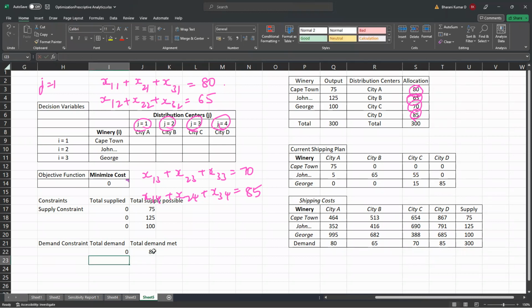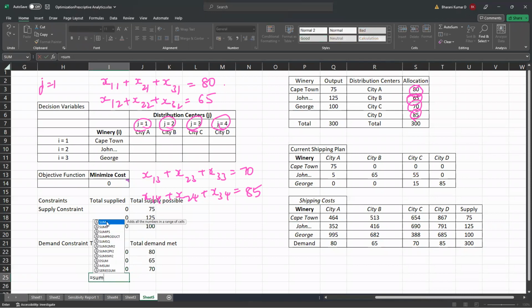It should not be more than that. Then if you say summation of all these three should be 65, not more than that. Should be exactly the same. Then summation of all these three should be 70. Then summation of all these three should be 85.